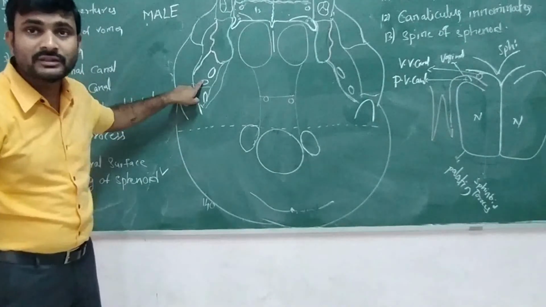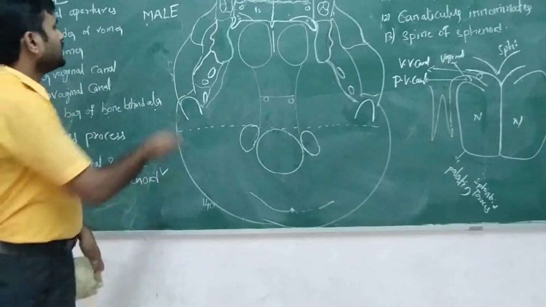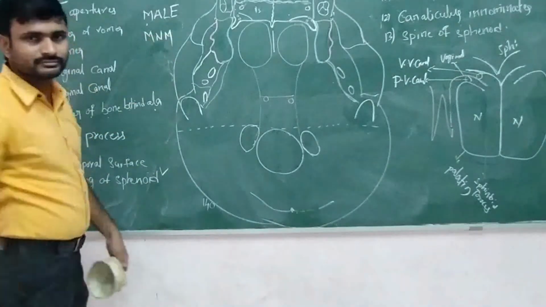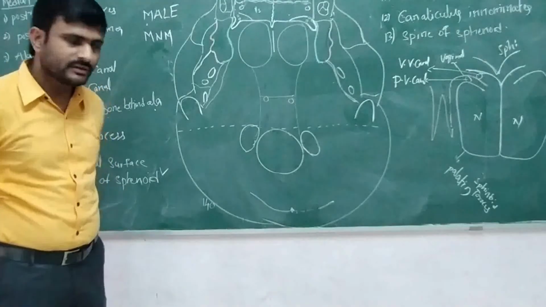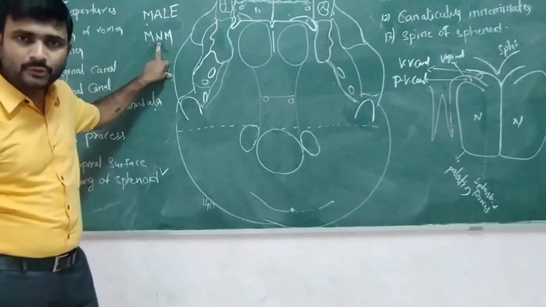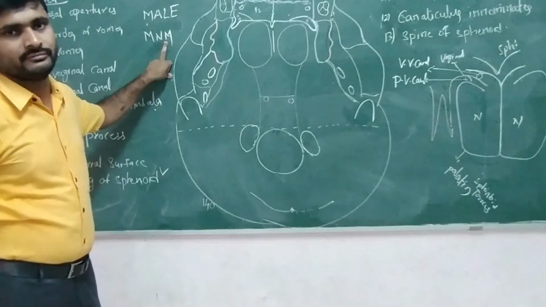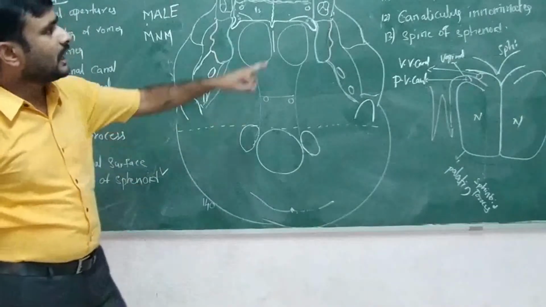Here 3 structures pass: the middle meningeal artery, nervus spinosus, and middle meningeal vein. So these 3 structures pass through the foramen spinosum.